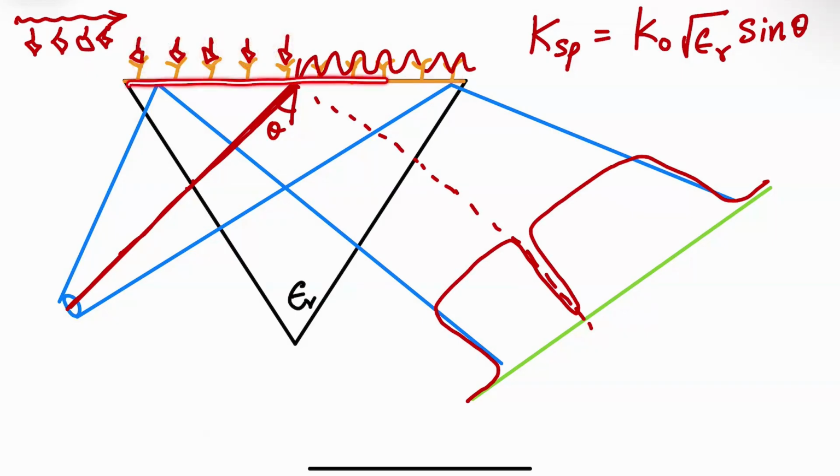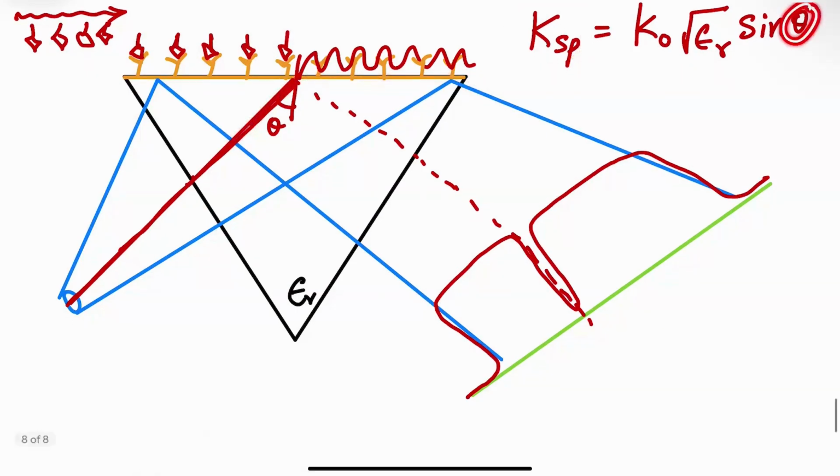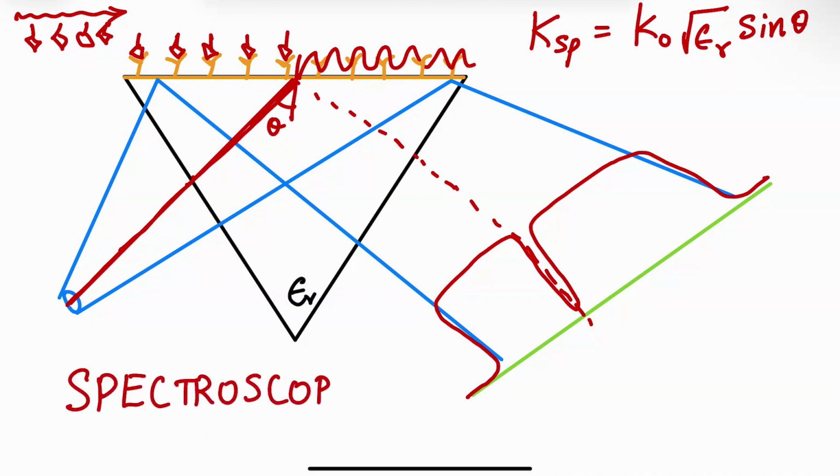When that dielectric constant changes, this surface plasmon resonance changes, K SP changes, which means theta changes, and you can measure that here. Okay, so this is a form of spectroscopy. And it's a very sensitive setup because that surface plasmon resonance is very sensitive.